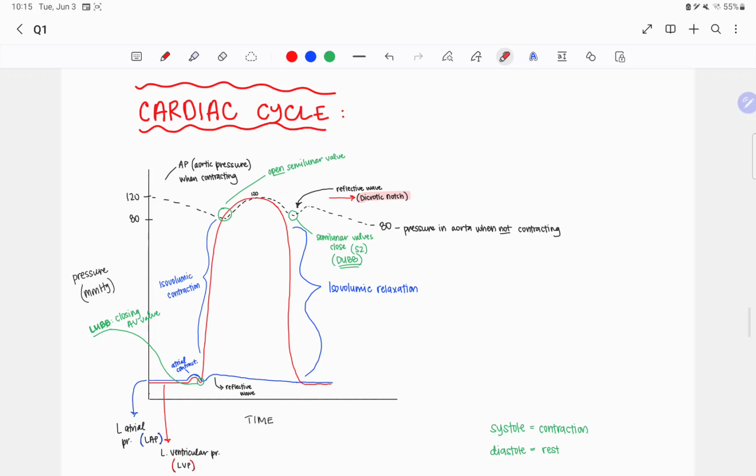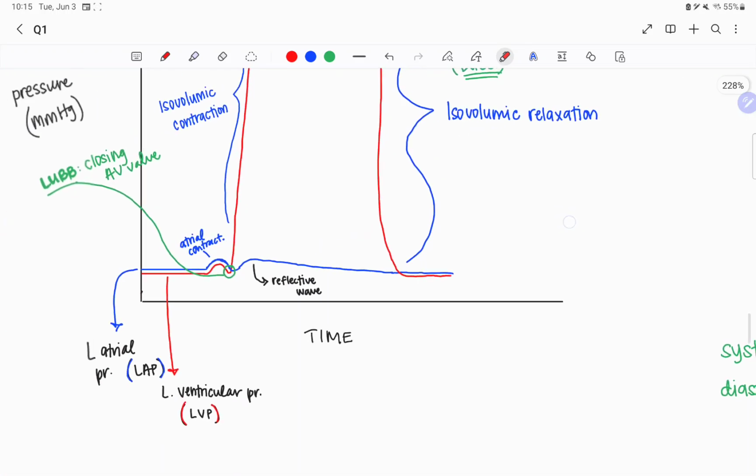We're going to move on now to the cardiac cycle. I hope you can hang with me on this one. It's not the easiest to understand, but I'm going to do my best to walk you guys through this. Okay, so what I want to first talk about is the atrium.